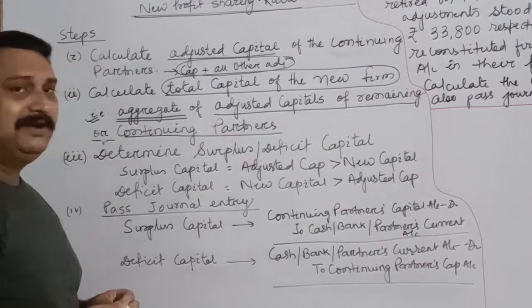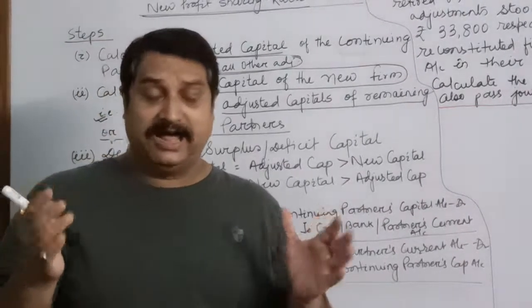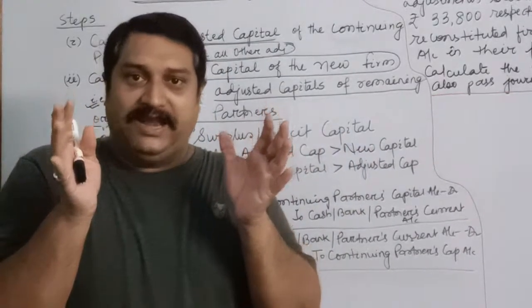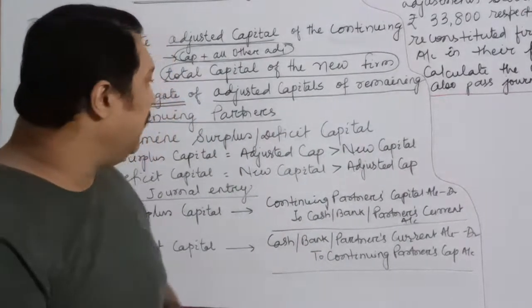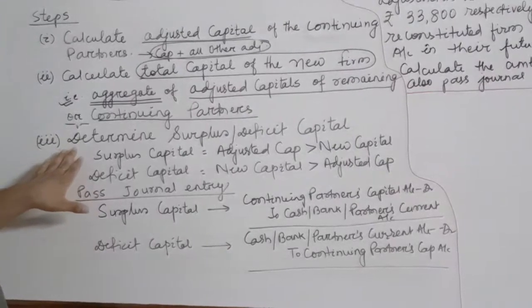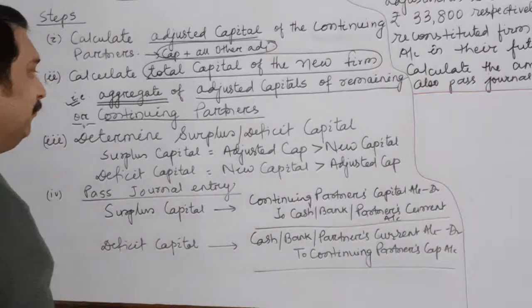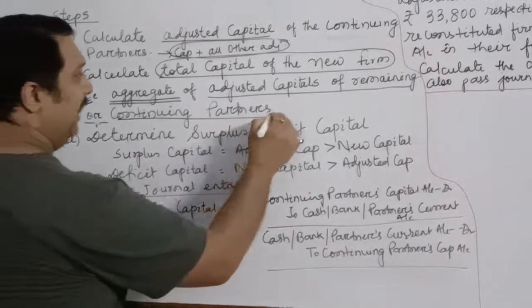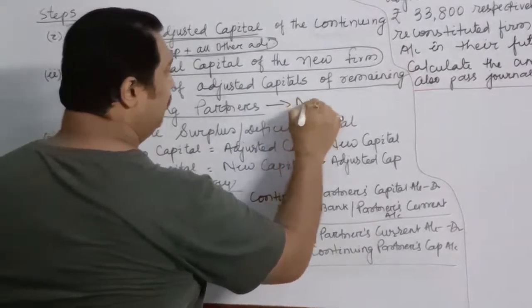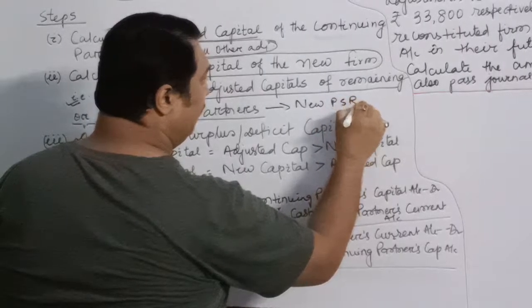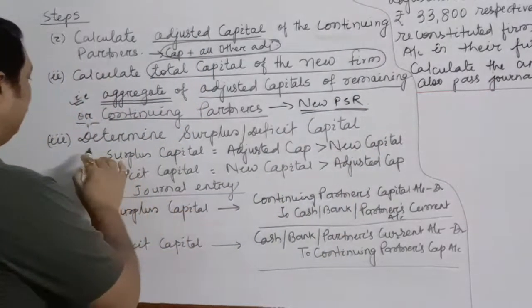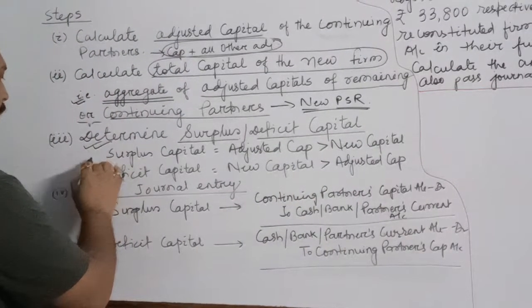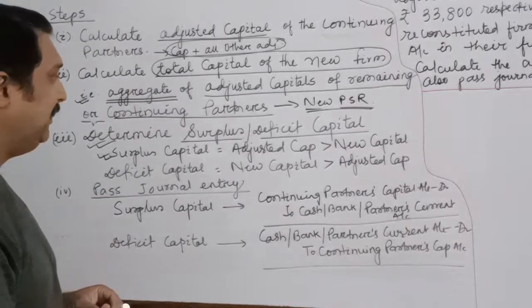We will add the adjusted capital of the continuing partners and then we will distribute it in the new profit sharing ratio, and then we will determine the surplus or deficit capital.